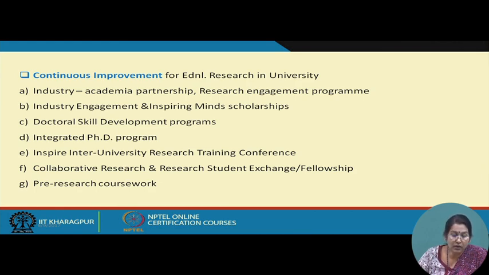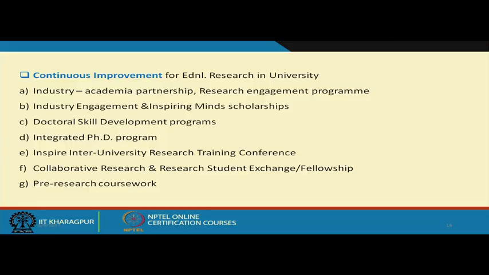So, how to develop doctoral research skills, a program can also be conducted on that. Similarly, integrated PhD, where you can integrate the PhD research program with the MS program, masters program, or MTech program. So, integrated PhD programs are also this kind of initiative.